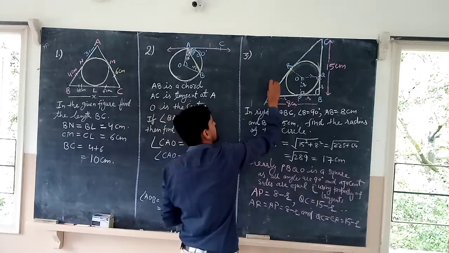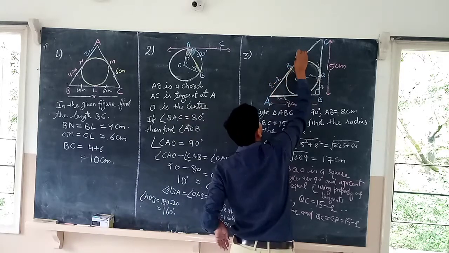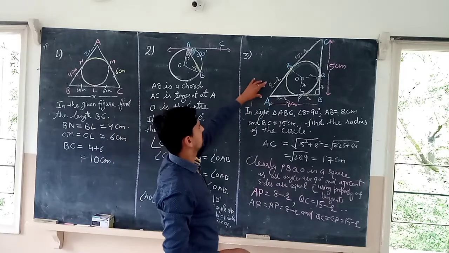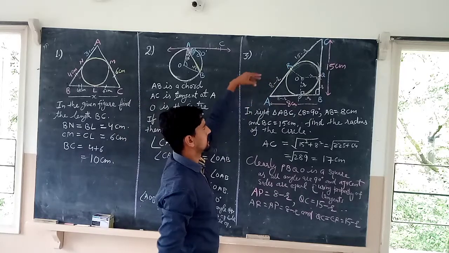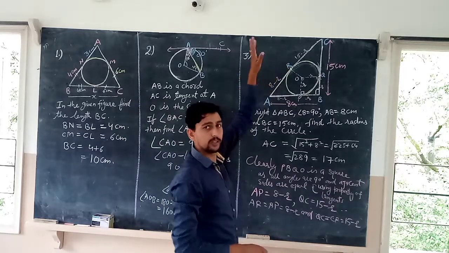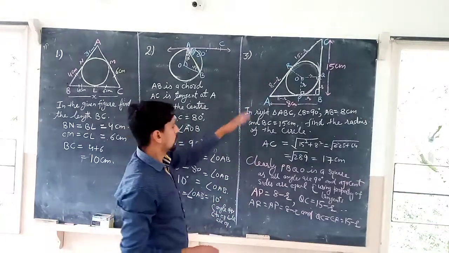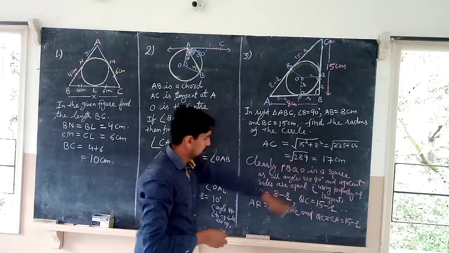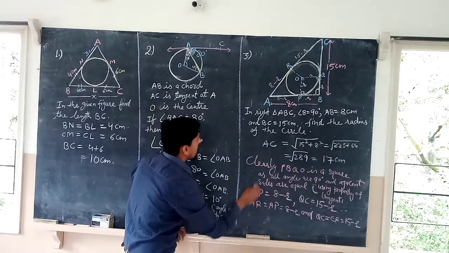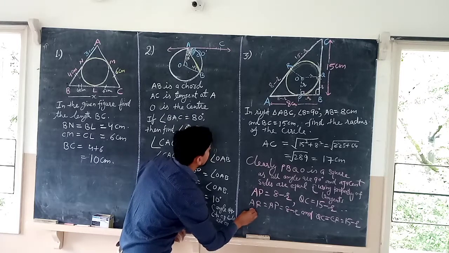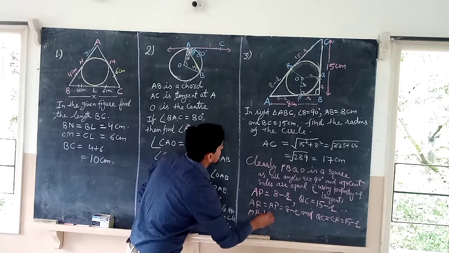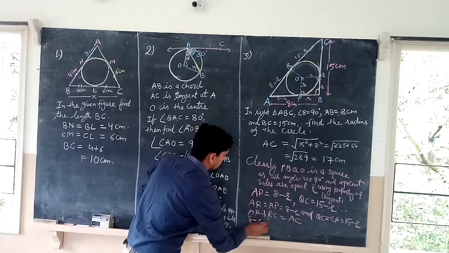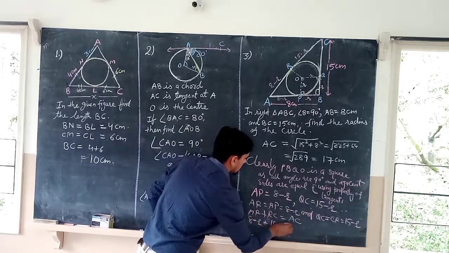Now this is 8 minus R, this is 15 minus R. That means if I add 8 minus R plus 15 minus R, I will get AC, because AR plus RC is equal to AC. I already know AC. What is AC? AC is 17 centimeters. So AR plus RC equals AC, which means 8 minus R plus 15 minus R equals 17.